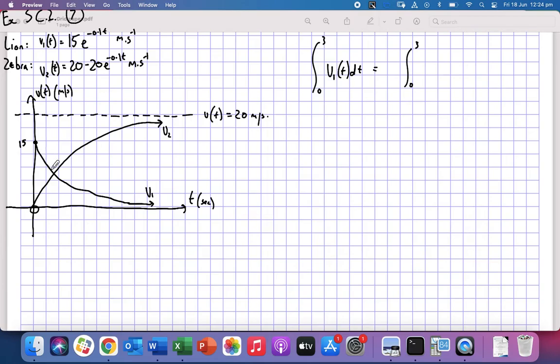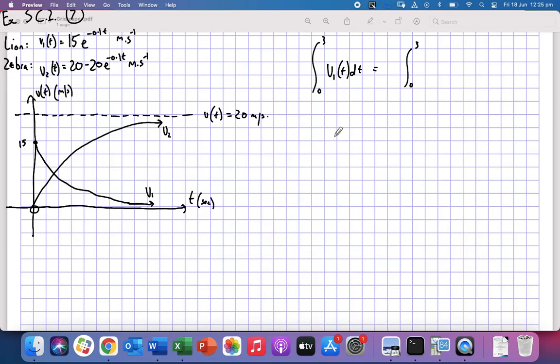I'm not exactly sure where 3 is along here without technology at the minute or without doing some further work. But an interpretation is that it's the distance the lion has covered from his starting point, or when they started the clock.